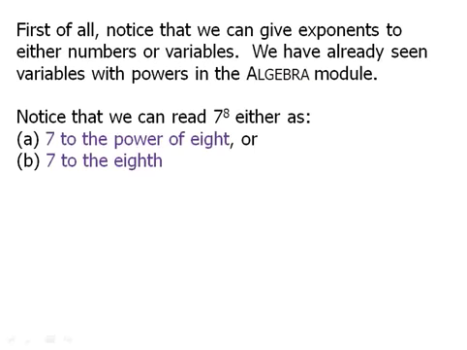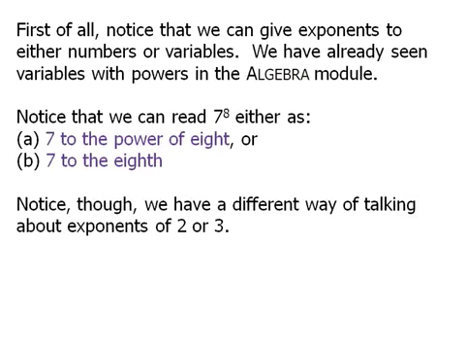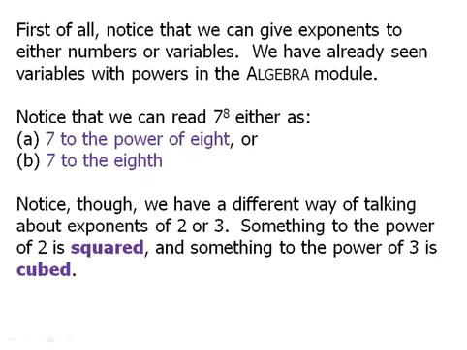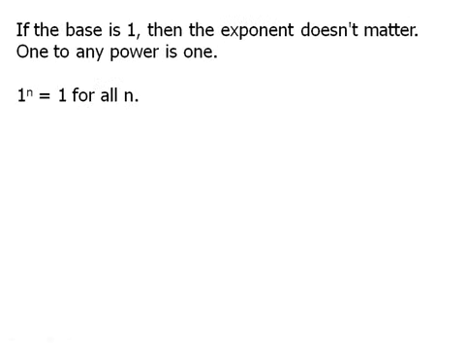Either one of those is perfectly correct. Notice that we have a different way of talking about exponents of 2 or 3. Something to the power of 2 is squared, and something to the power of 3 is cubed. So we would rarely say something to the power of 3, and we would never say something to the power of 2. That just sounds awkward. We would always say that thing squared.